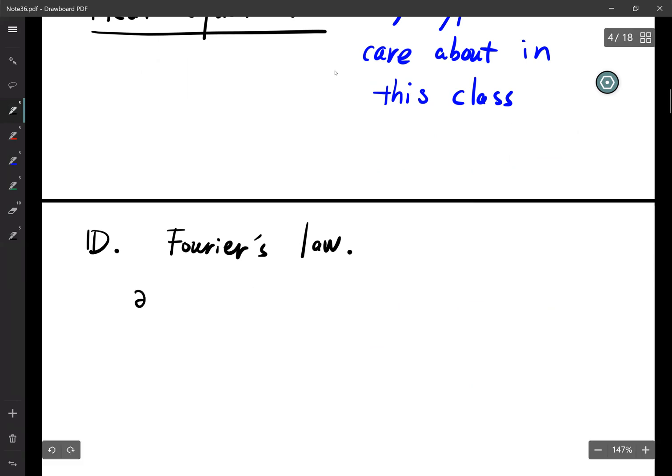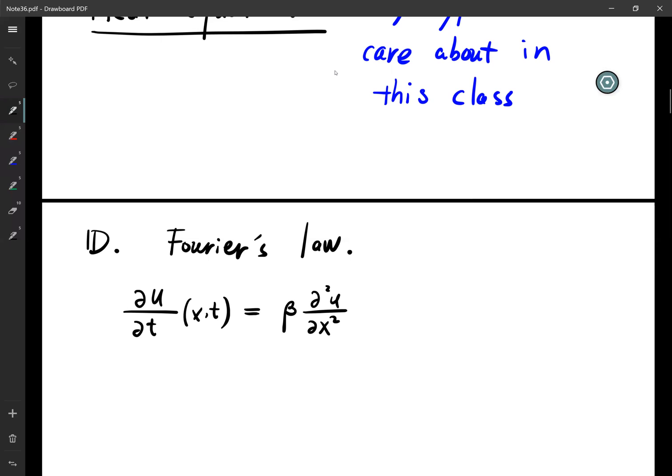We're going to directly write it down and just think of it as a way for us to put two derivatives together. In particular, on the left-hand side, it is the first order derivative with respect to t.